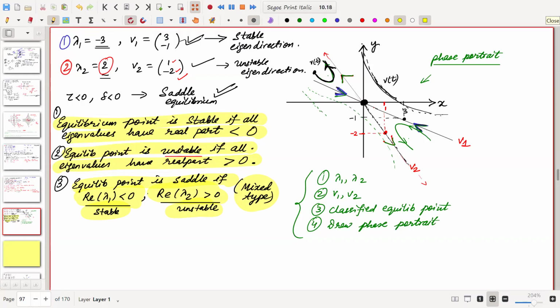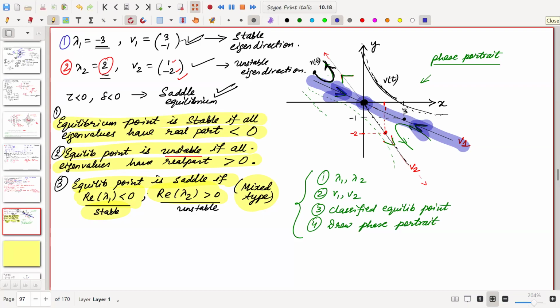So we saw this example last class where you can see clearly that we had this eigendirection, maybe I can mark it in blue. This eigendirection over here is the stable eigendirection, right? Why? Because along that direction it is attracting, converging towards the equilibrium point.